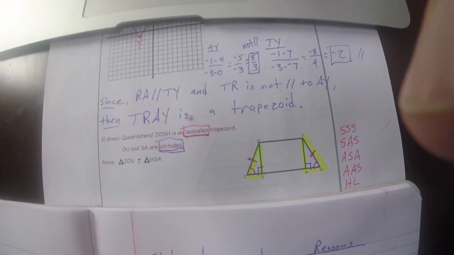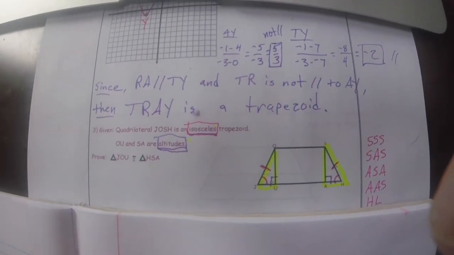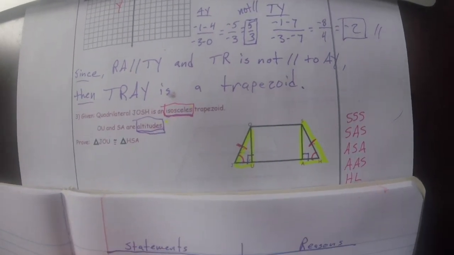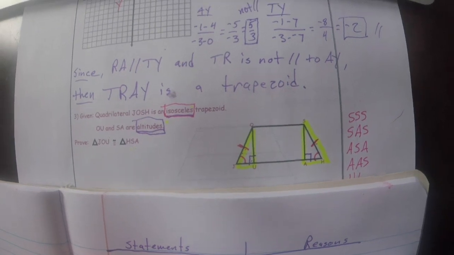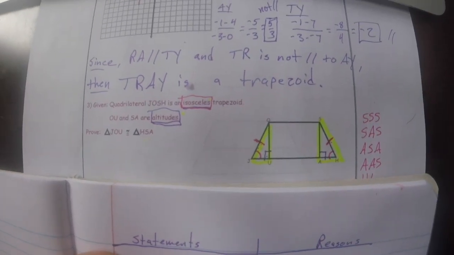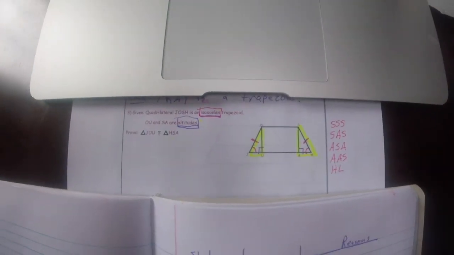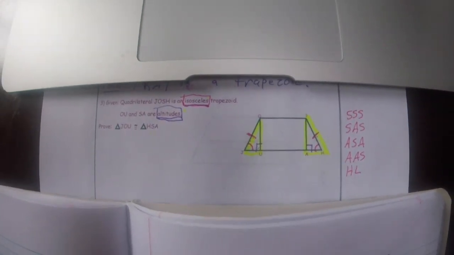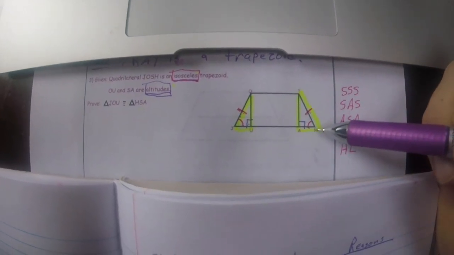All right, well, I just proved that they're both right angles, but did I prove that they're congruent? Well, you guys might be saying, hey, Mr. Tracy, it's common sense. They're both right angles. Right angles are 90 degrees, therefore they are congruent. You are right, but we cannot just assume. So now I have enough information to say that angle JUO is congruent to angle HAS.